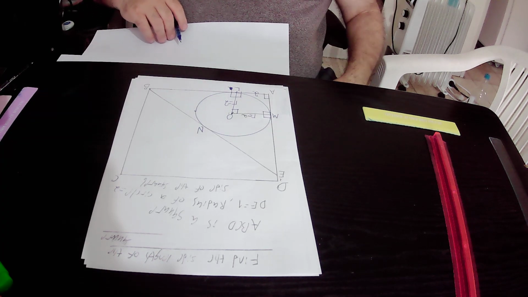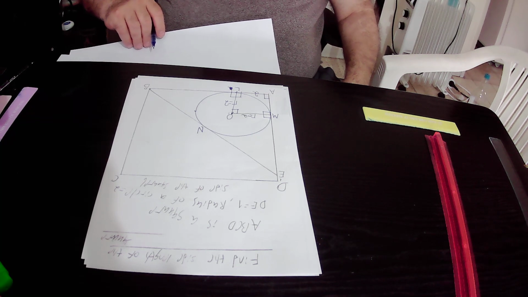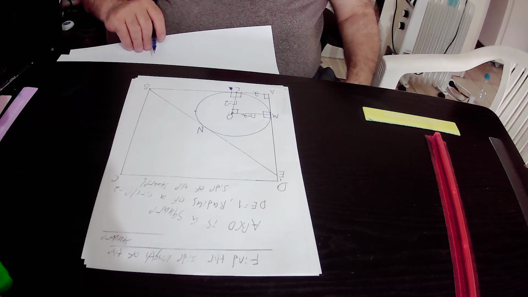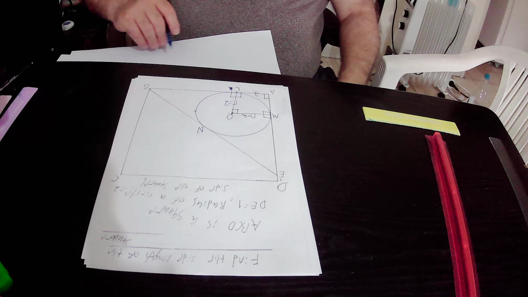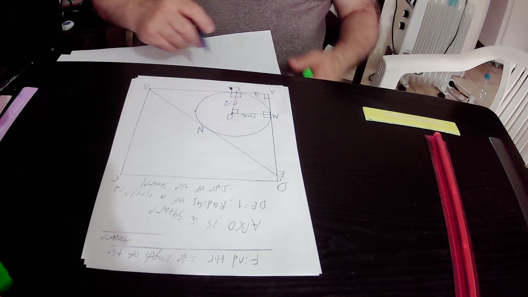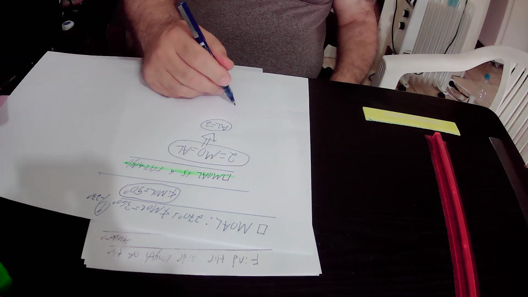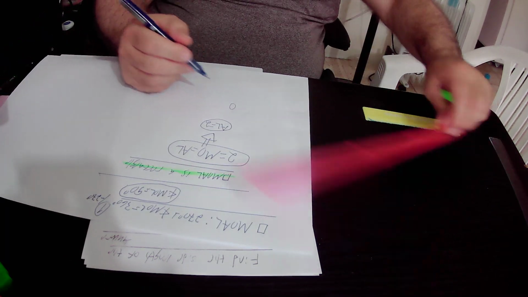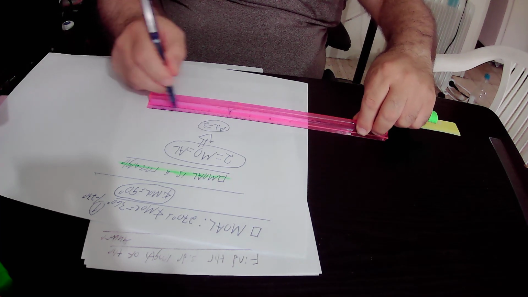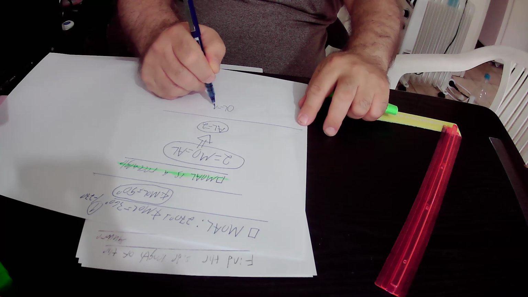Likewise, according to the rule that the opposite sides of a rectangle are equal to each other, we will get that ON equals MA.